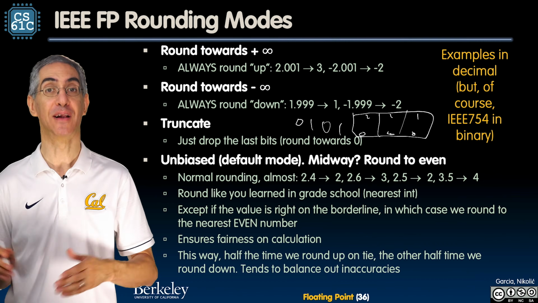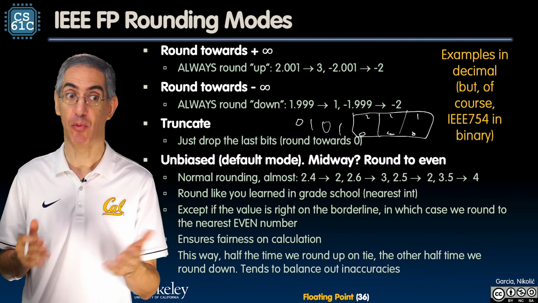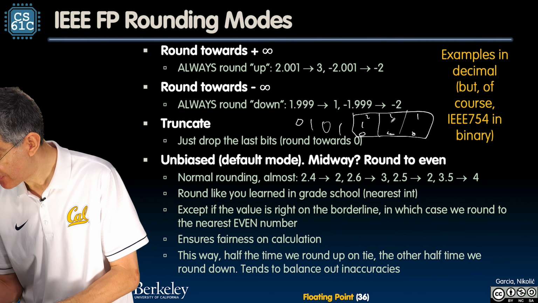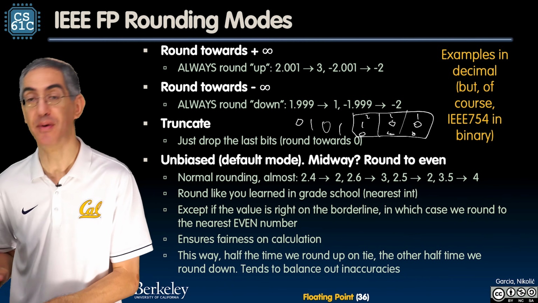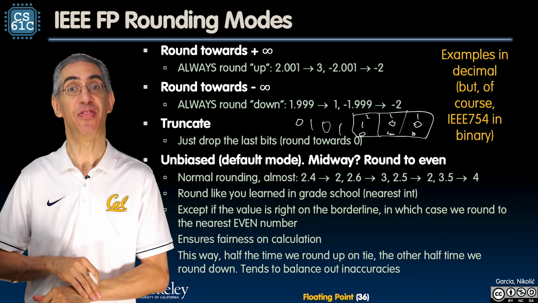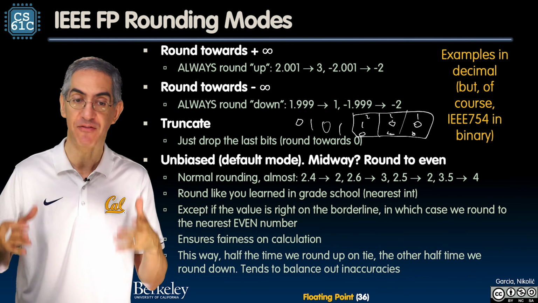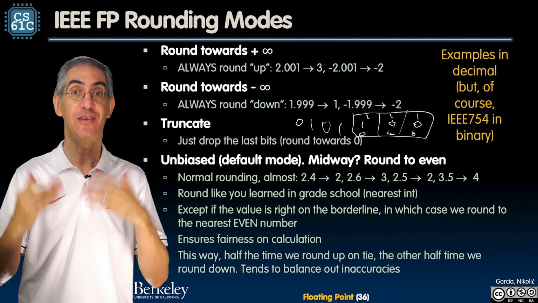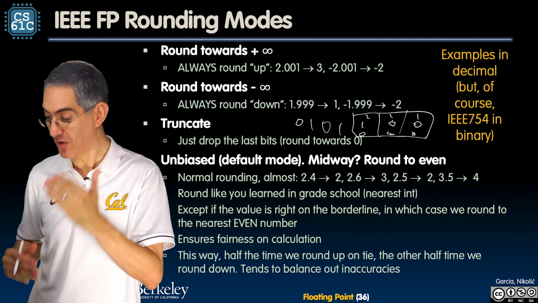What's halfway in the middle in binary? Well, remember what half is in this? Yeah, it'd be a 1 and zeros. That's halfway in the middle. So when the rounding bits are 1 and all zeros, that's halfway in the middle.